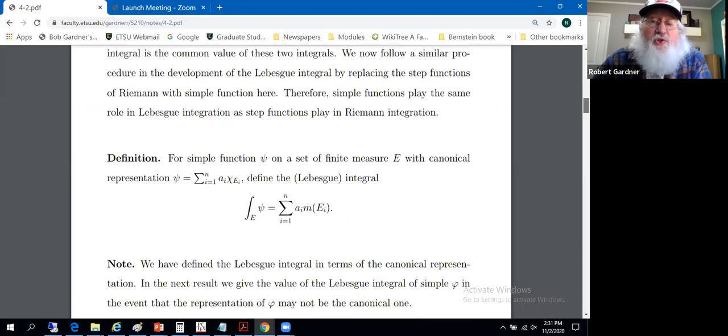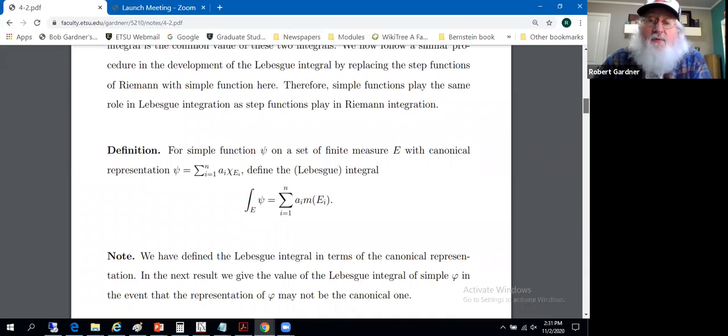So first, we'll have to deal with the simple functions and what the integral of a simple function is. Take a simple function psi on a finite measure set E with canonical representation, a sum from i equals 1 to n of a sub i times the characteristic function on E sub i.